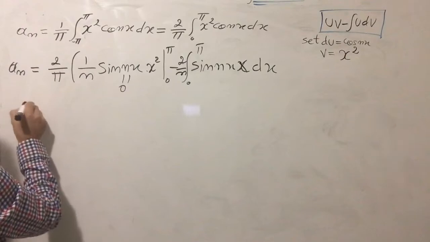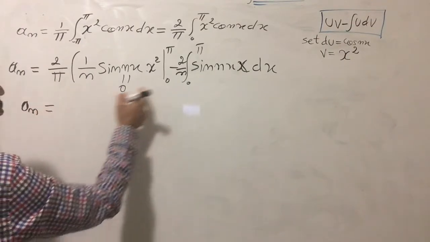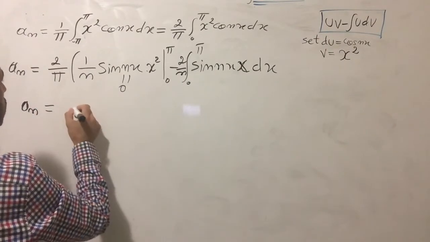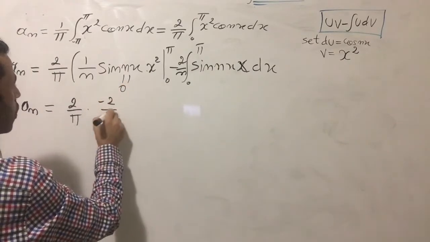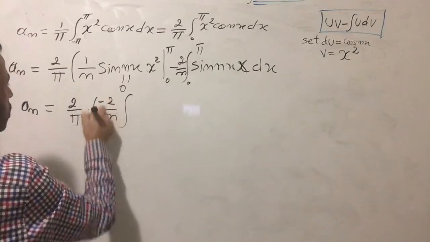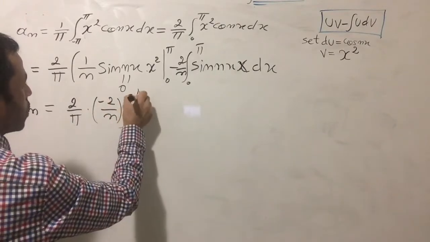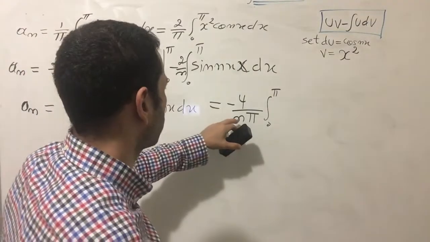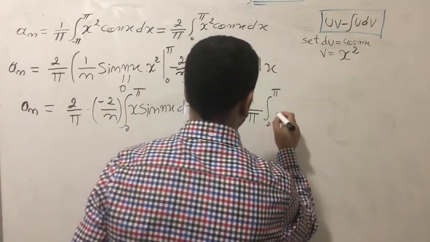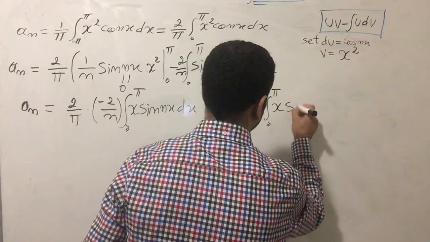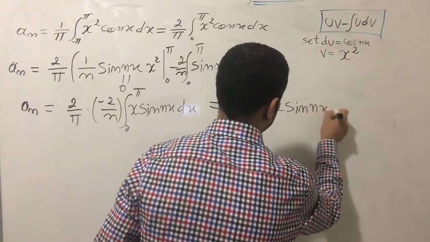So I will have a sub n equal to this one multiplied by this one, minus 2 over n times this integral from 0 to pi. We have minus 4 over n pi multiplied by this integral, which is x multiplied by sine of nx dx.